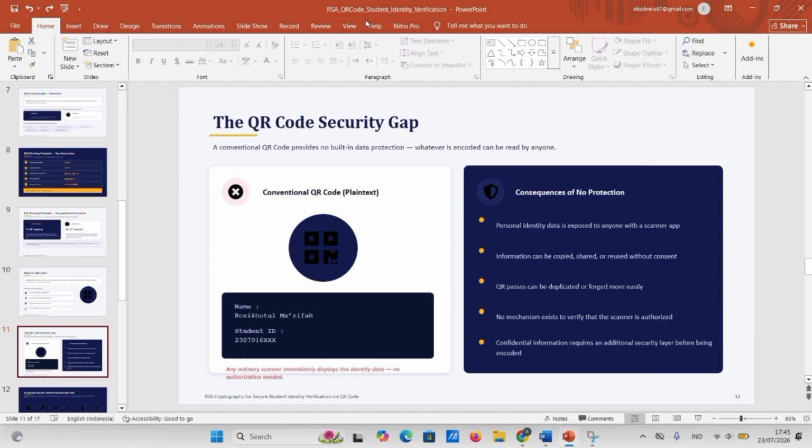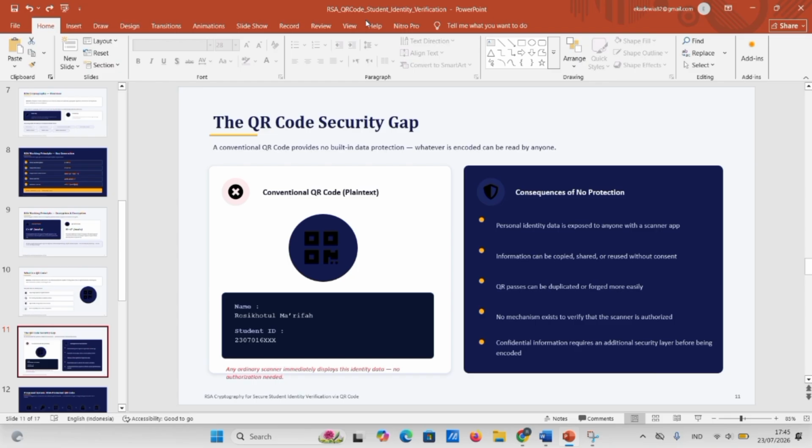The QR code security gap. A conventional QR code provides no built-in data protection. Whatever is encoded can be read by anyone. Conventional QR code: plain text. Consequences of no protection: personal identity data is exposed to anyone with a scanner app.